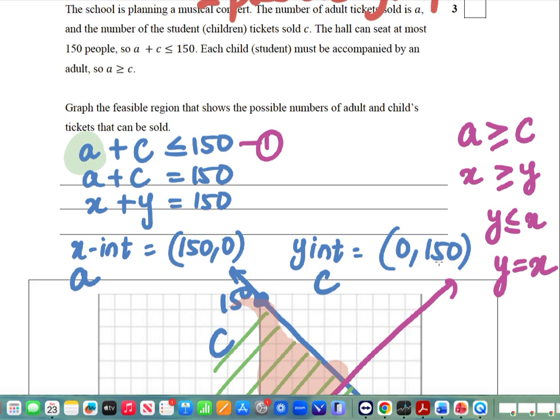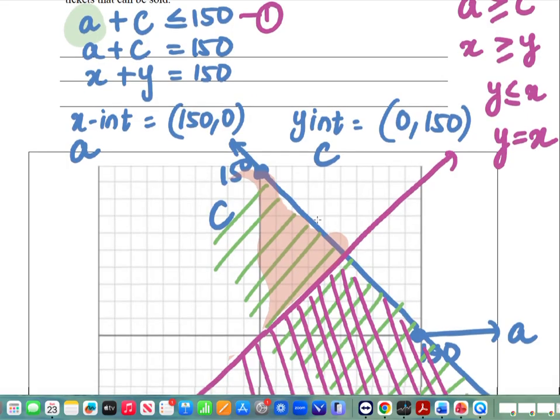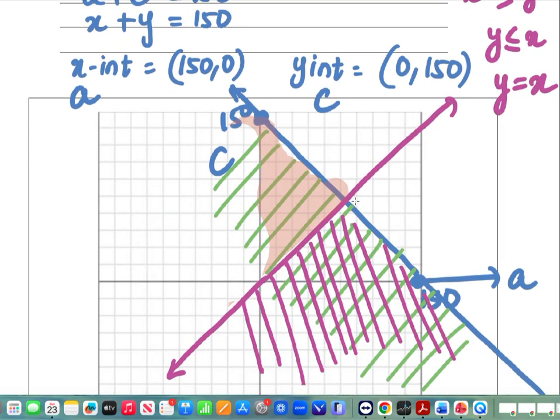So 0 comma 150 is the coordinate point. If you scroll down a little bit, the blue line that you see on my graph here is the line A plus C equals 150, where I have represented A on my x-axis and C on my y-axis. So put the points and then just draw the line.